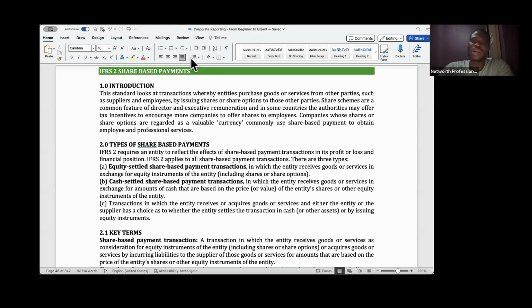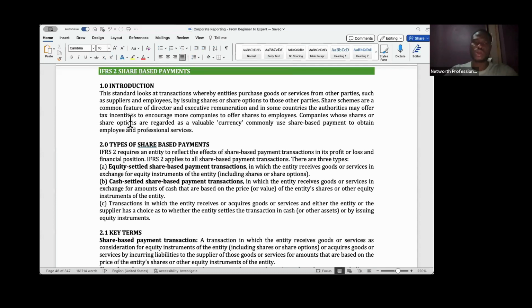Something about cash settled is that it is cash they will pay in the future. It's not like they are paying it now. They will ultimately pay cash, but the value is based on the share price. So they can say that we'll pay you cash equivalent to 5,000 shares, something like that. But ultimately, it's cash they will pay.